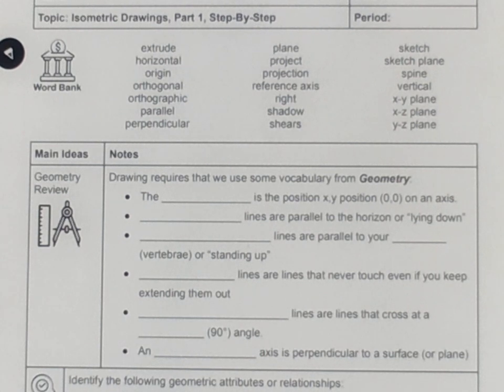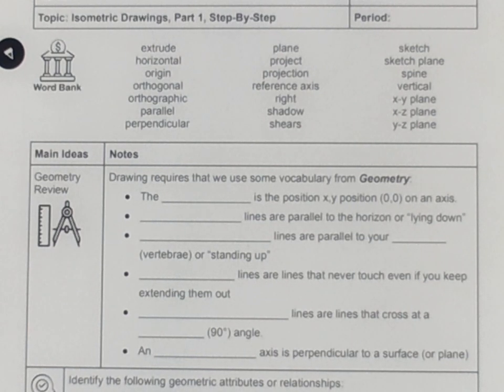Hi class, today we're going to go through those three-dimensional isometric drawings step by step. But before we start going into those steps, let's review some of the geometry words that I'm going to be using to describe some of our drawings.